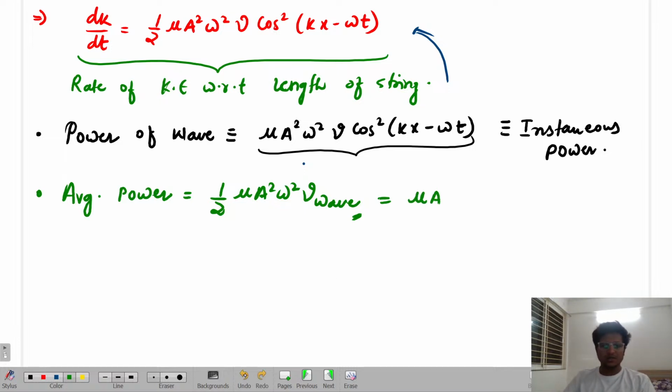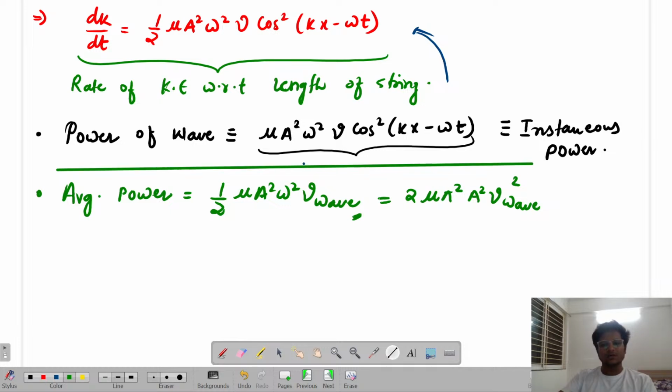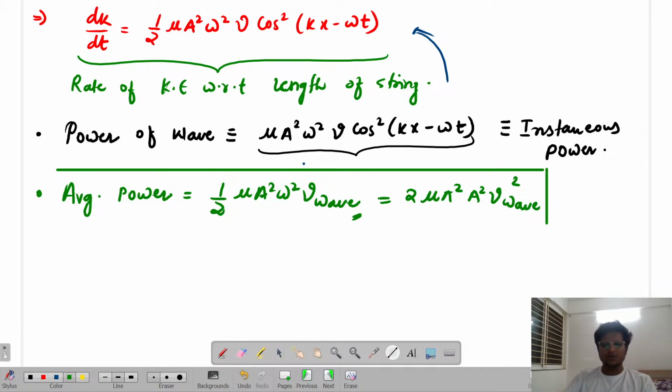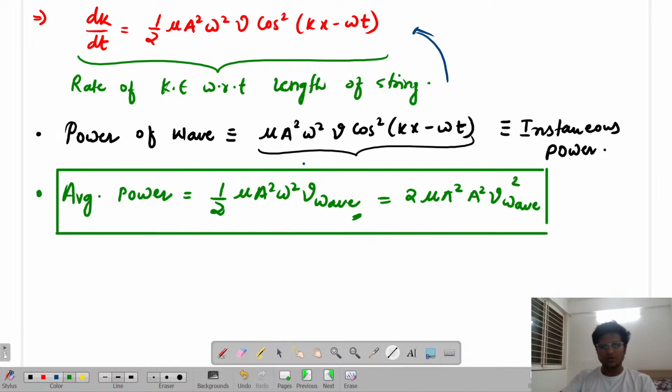This is the relation which appears for the average power: twice mu pi square a square f square velocity of wave. Sorry, this is the average power of the string wave. Are you able to get me or not? Understood? Did you get the idea?